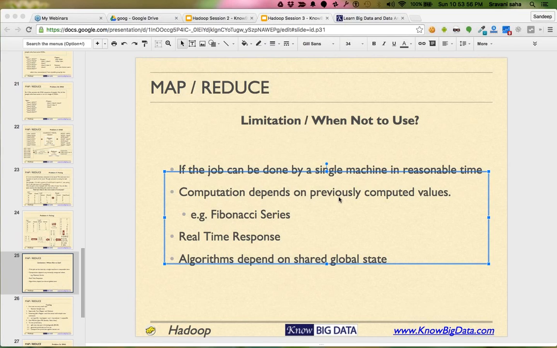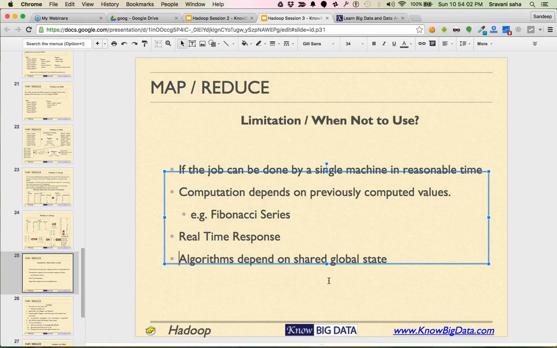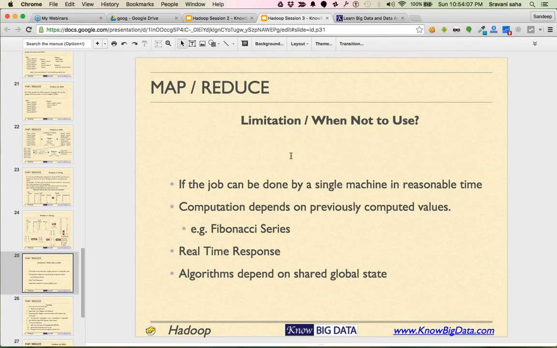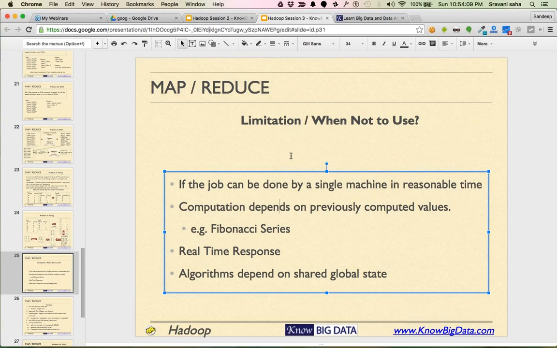All right, before we proceed further, before you start thinking that MapReduce is the solution to all of the world's problems, there are a few things you should note. Although lots of problems could be solved using MapReduce, there are a few problems where you shouldn't use MapReduce at all.